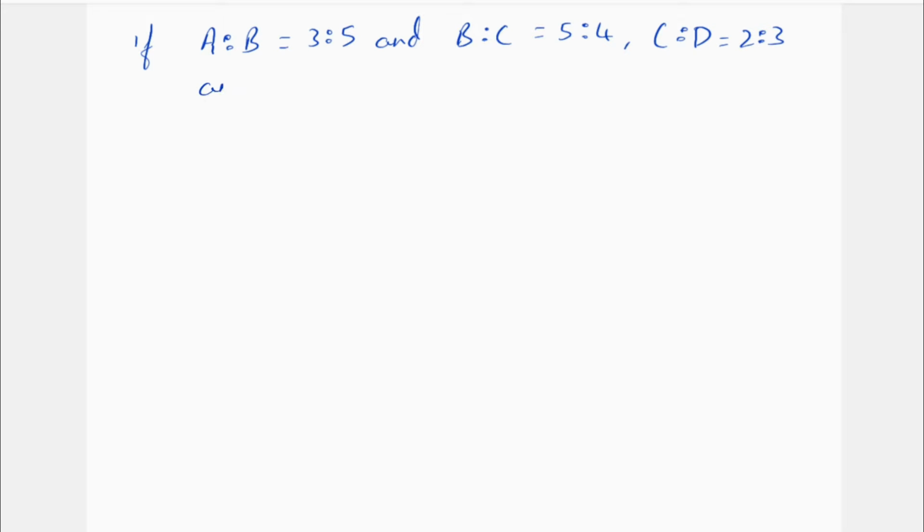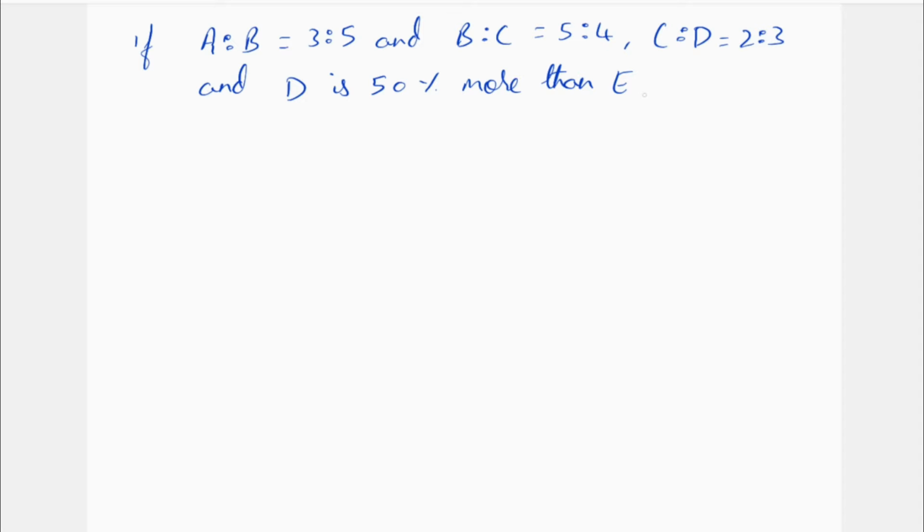The next question that we have is, if a is to b equals 3 is to 5, and b is to c equals 5 is to 4, c is to d equals 2 is to 3, and d is 50% more than e.